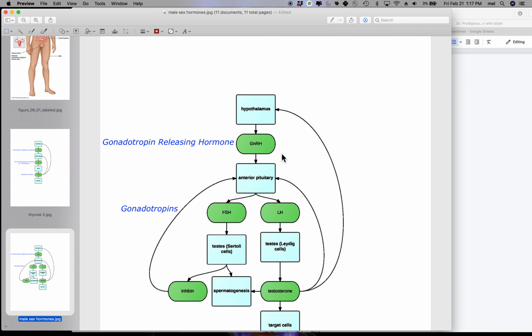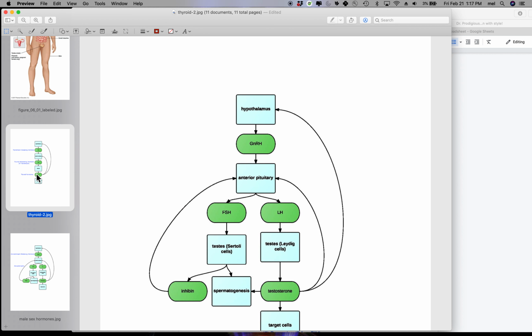Its long name, this is part of the reason you need to learn the long names, it's gonadotropin-releasing hormone. But it's not headed to the gonads. What it's going to do is it's going to cause the release of a gonadotropin, which is headed to the gonads. These two right here, FSH and LH, are gonadotropins, and they're headed to the gonads. So the gonadotropin-releasing hormone causes the release of gonadotropins that are headed to the gonads.